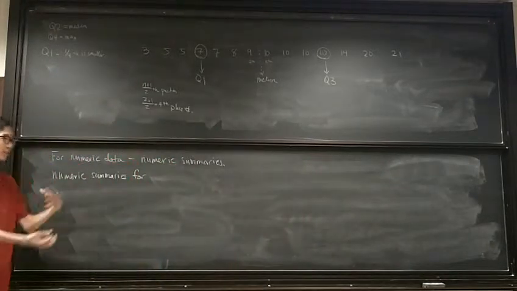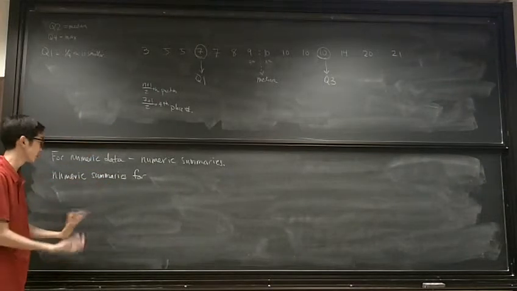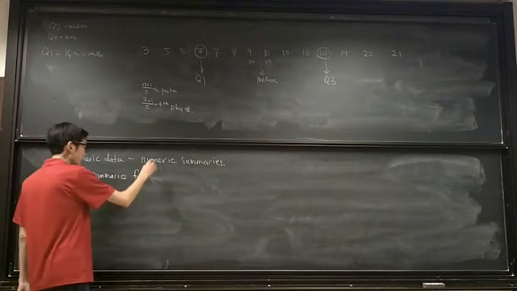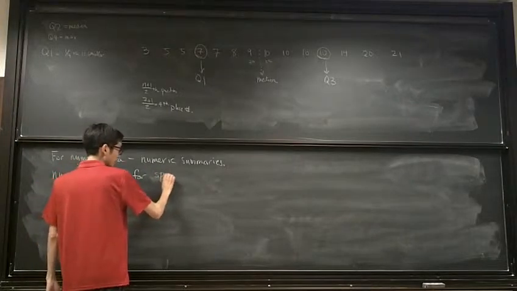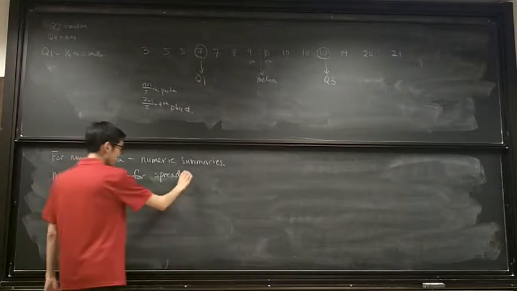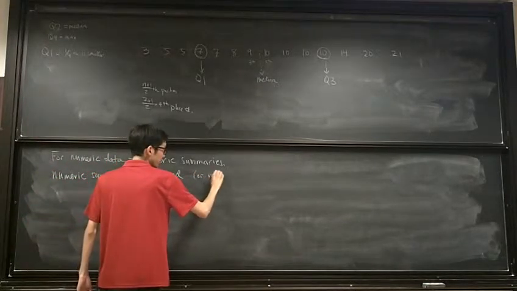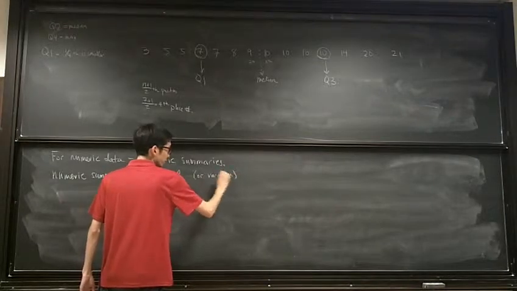Because our big picture is we want to make conclusions based on limited data, but first we got to be able to describe our data first. So numeric summaries for spread, I'm still talking about a numeric variable, okay? Spread or variation. How different are the numbers from each other?